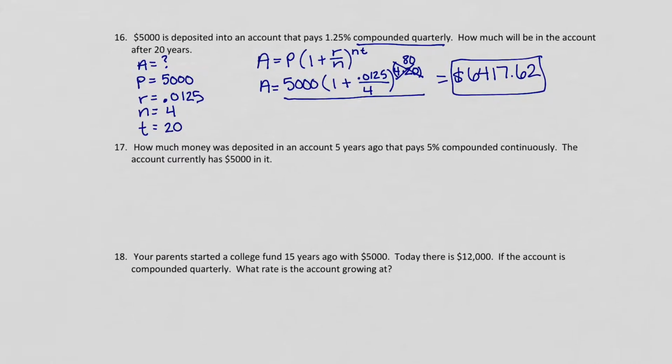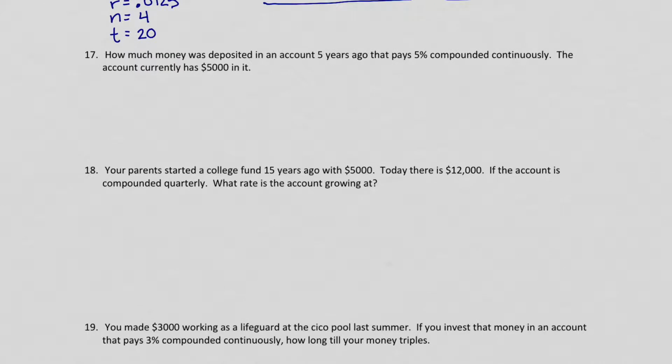All right. Now, number 17 tells us specifically compounded continuously. How much money was deposited in an account 5 years ago that pays 5% compounded continuously? The account currently has $5,000 in it. So compounded continuously is this formula.